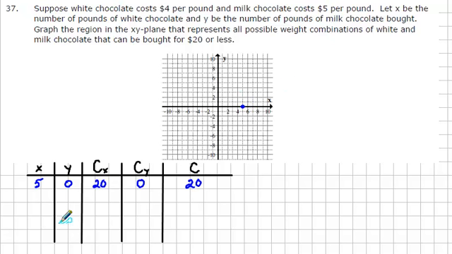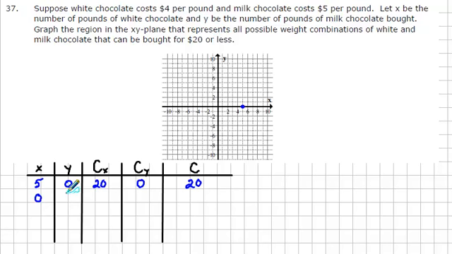Okay, to get another point, we might consider the scenario that we want to buy all milk chocolate and no white chocolate. So in that case, x would be 0. And we know that milk chocolate costs $5 per pound. So if we have $20 to spend, then we could buy up to 4 pounds of milk chocolate.